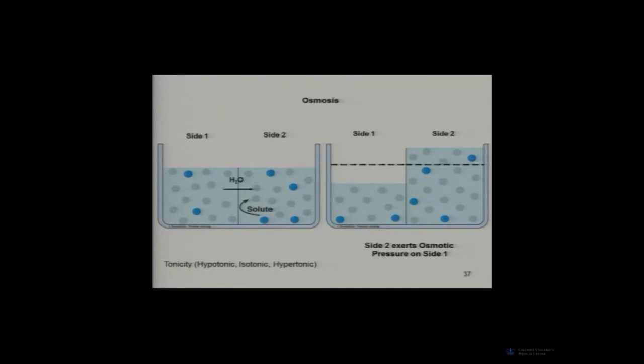So these solutes that are impermeable to the membrane on side 2, because they are of higher number per volume, they're going to pull water towards them until you have equal concentrations on both sides.